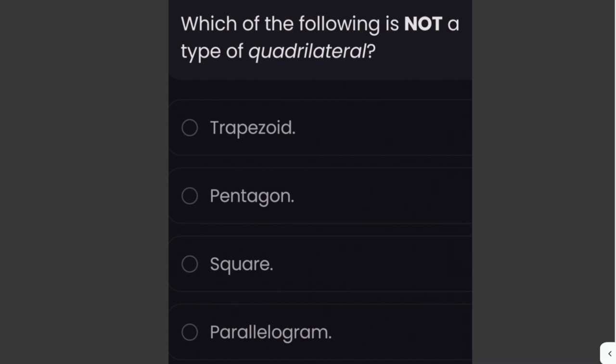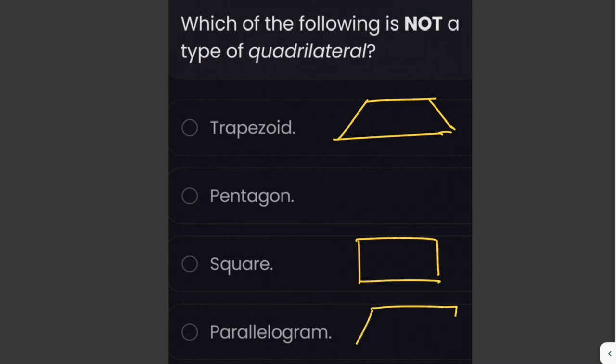Which of the following is not a type of quadrilateral? Trapezoid, pentagon, square, parallelogram. Now, what is a quadrilateral? A quadrilateral is defined as a shape that has 4 sides. So in this case, trapezoid, which looks like this, has 4 sides. Square has 4 sides.